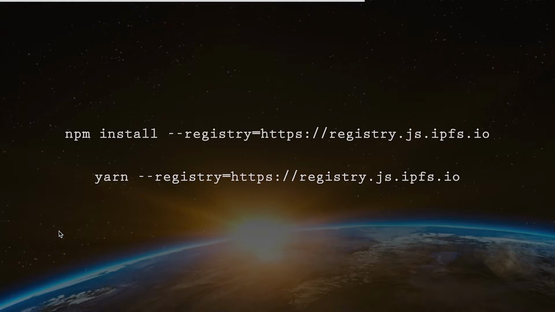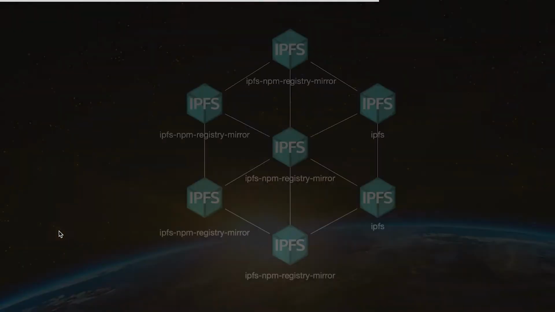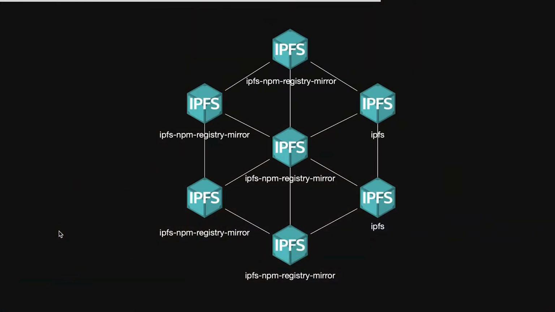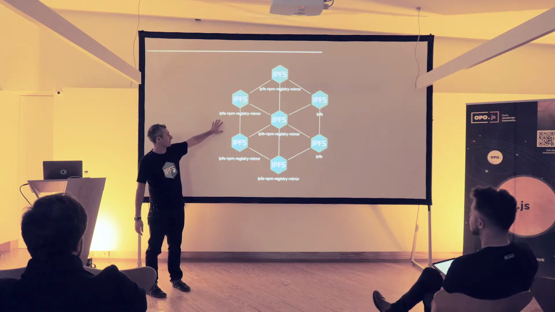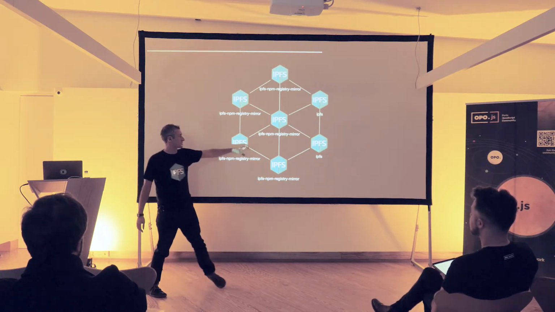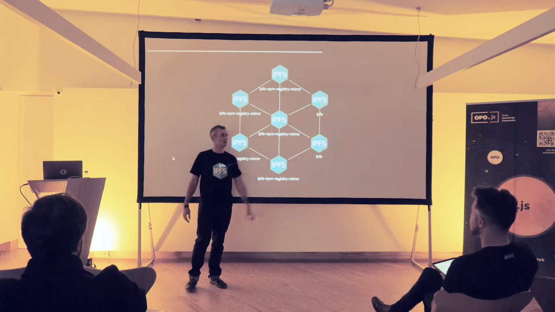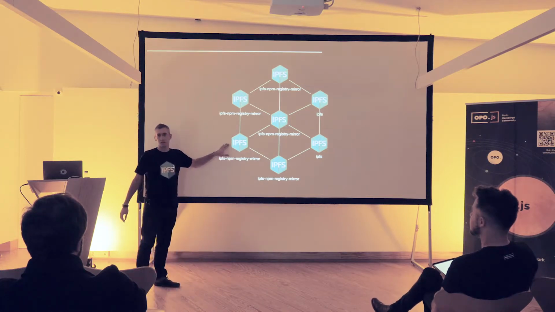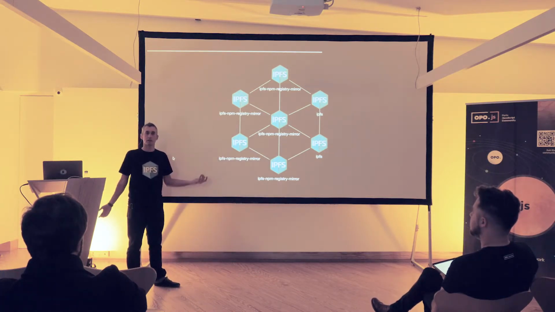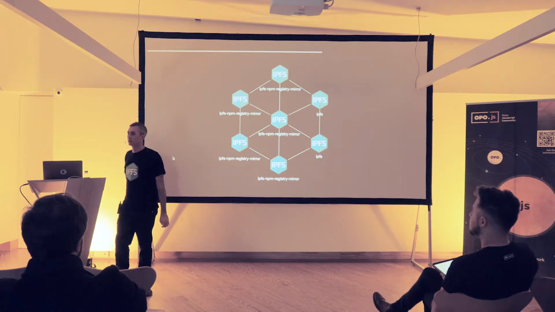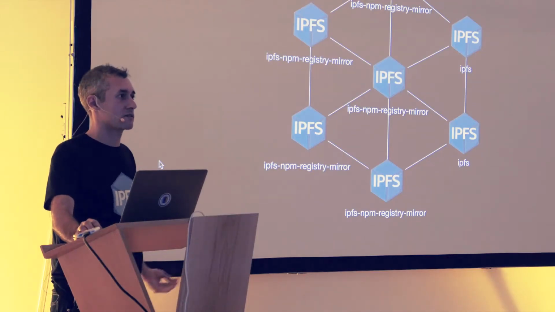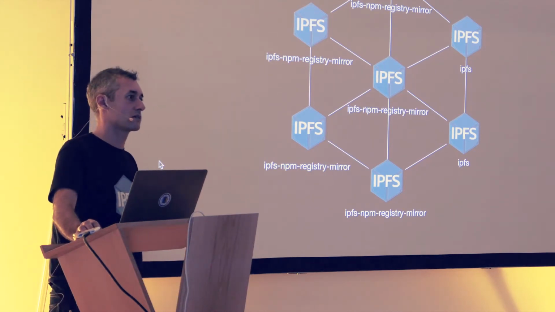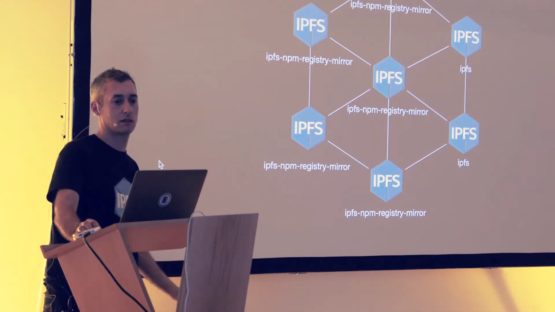Cool. But how does it work? So what we have is a collection of nodes. These ones are running the registry mirror, and they just connect to normal IPFS nodes. So these make the NPM content available on the network. They also listen to requests over HTTP the same way that the NPM registry does.